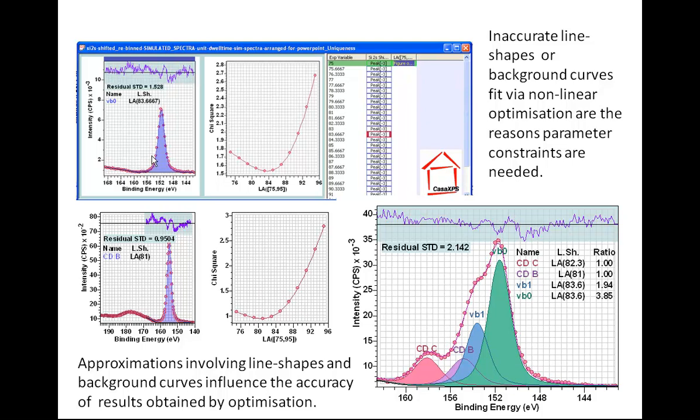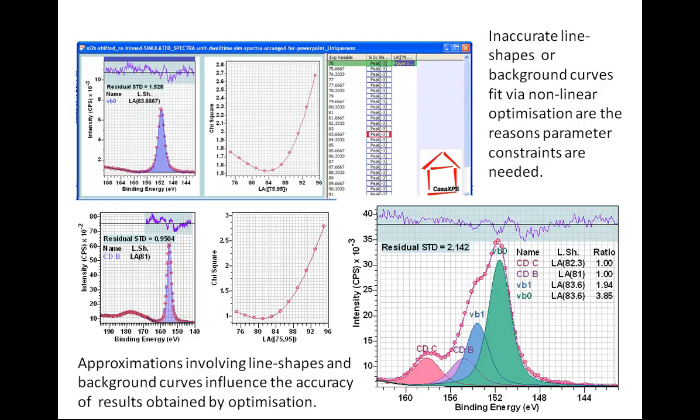However, I have the shapes for these different components that are used to construct the data envelope. If I monitor the chi-square against the line shape parameter, then I can identify a shape that best fits each individual data component.